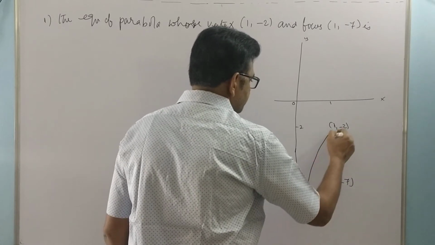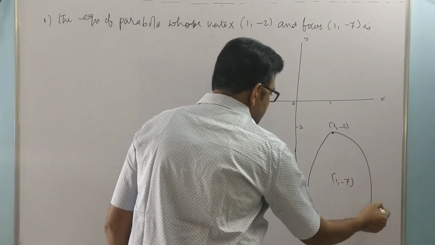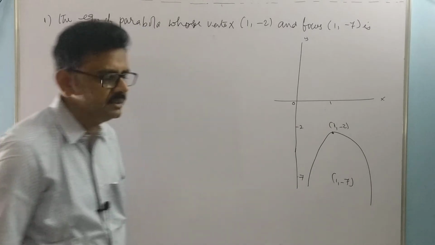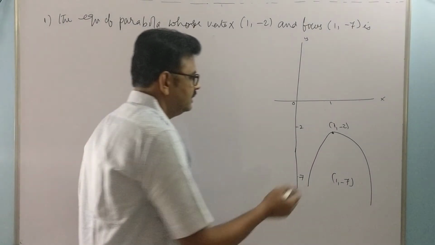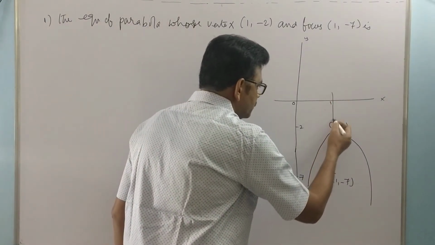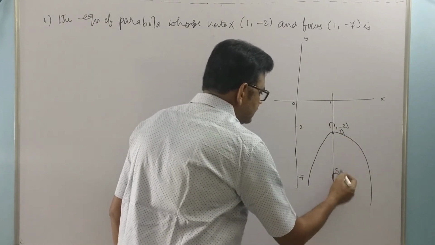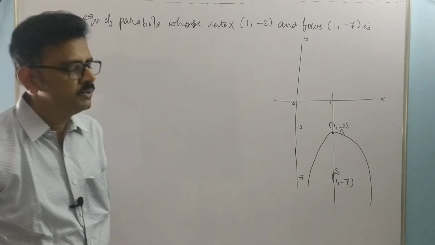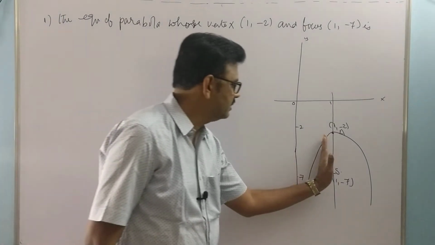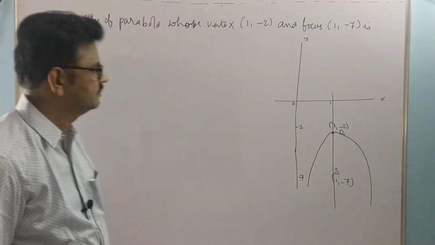That means the parabola is symmetric about the y-axis. Here the abscissa, the x coordinates of A and S, are equal. Therefore, the axis is parallel to the y-axis.